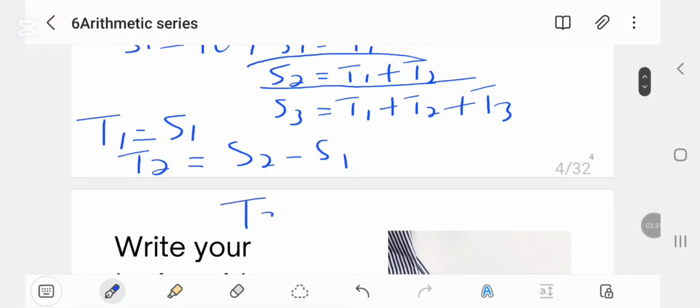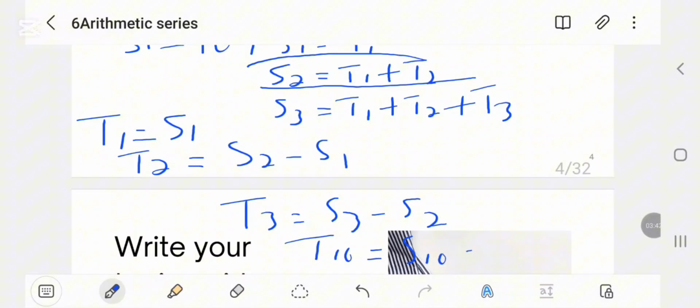To get T3, we subtract S2 from S3. And so on. To get T10, we say S10 minus S9. Just like that. So that's why I'm trying to cover it.